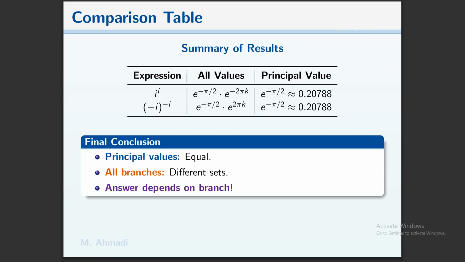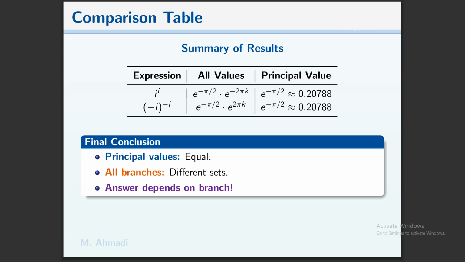Here we have the comparison table. Expression, the value, and the principal value of the expressions i to the i and minus i to the minus i. For i to the i, the value equals e to the minus pi over 2 multiplied by e to the minus 2 pi k, and the principal value is e to the minus pi over 2, approximately equal to 0.20788.